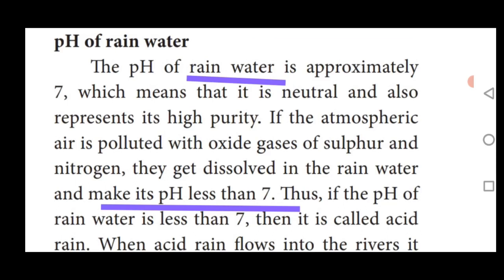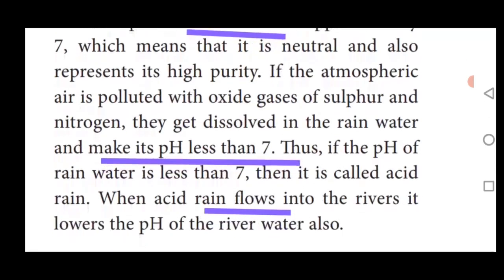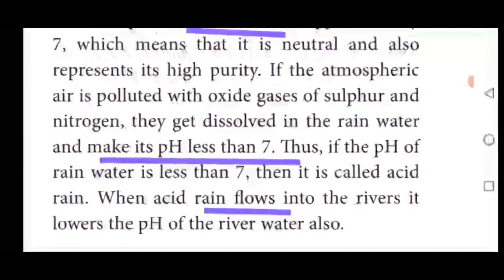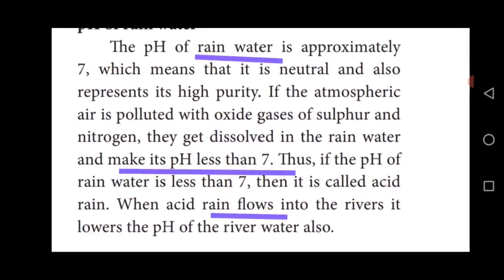The pH of the rainwater becomes less than 7, which means the substance is acidic in nature. This is called acid rain. When acid rain flows into rivers, it lowers the pH value of the river water also. This is pH of rainwater.